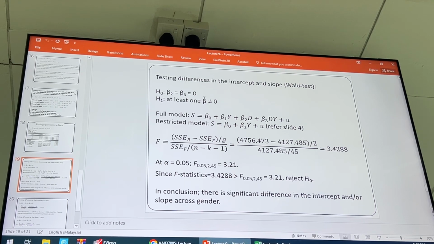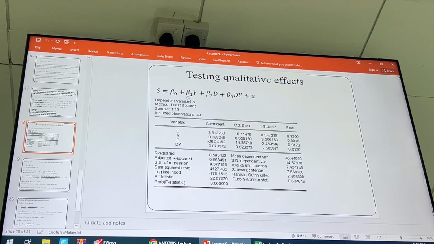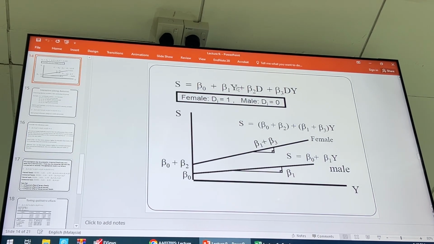You can perform the joint Wald test for both intercept and slope, to conclude whether the intercept and slope for the two categories are the same or not. If they are the same, then beta 2 must be 0 and beta 3 must also be 0. If beta 2 is 0, then male and female have the same intercept. If beta 3 is 0, then female and male have the same slope, which is beta 1. So we need to test beta 2 and beta 3.